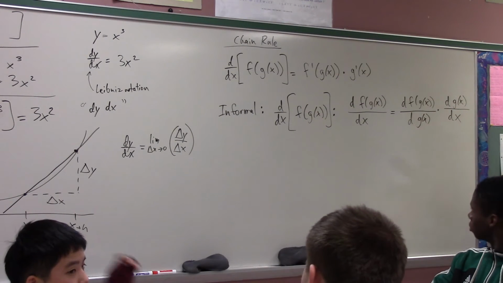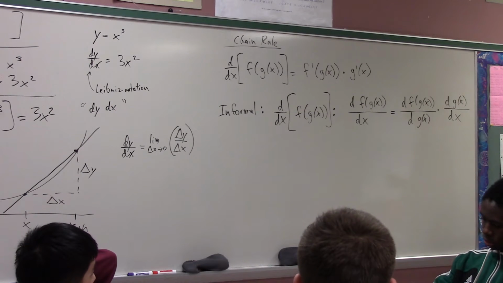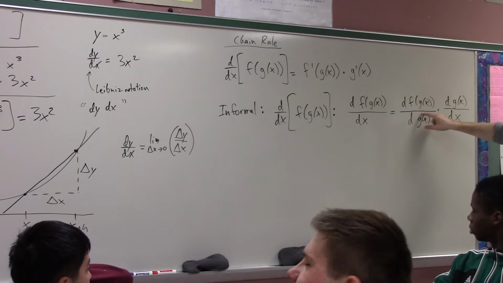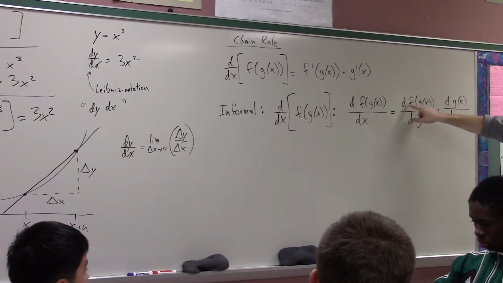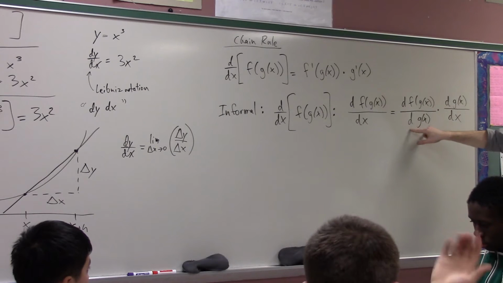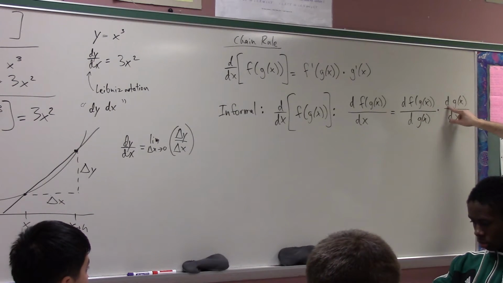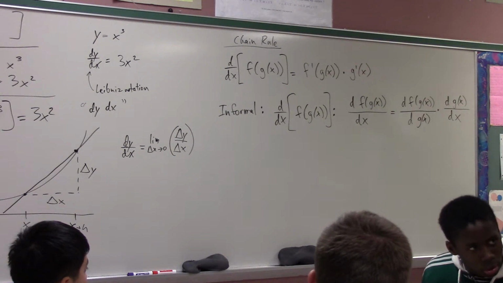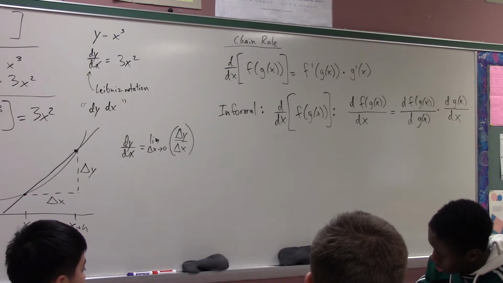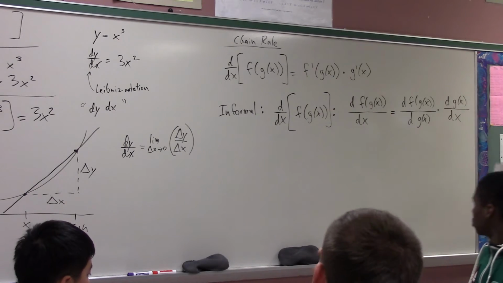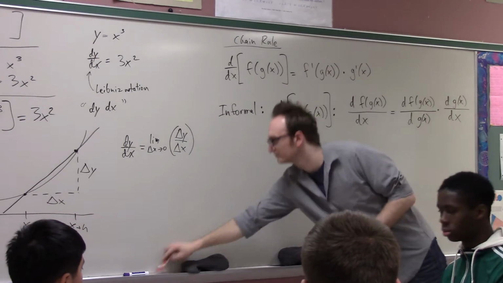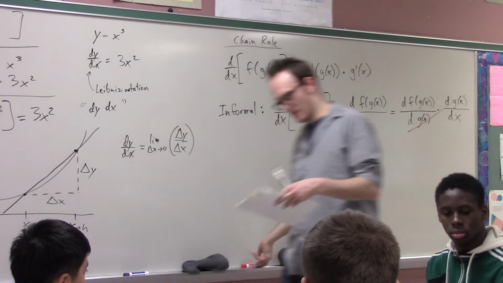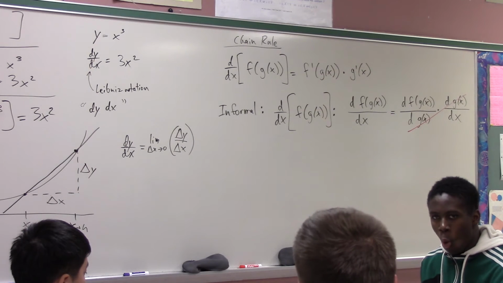And if you think of a derivative as just a fraction, then this makes total sense, because f prime of g of x is the rate of change of f of g of x with respect to g of x, and the derivative of g is the rate of change of g with respect to x. And what's happening is these two just kind of cancel. Right?